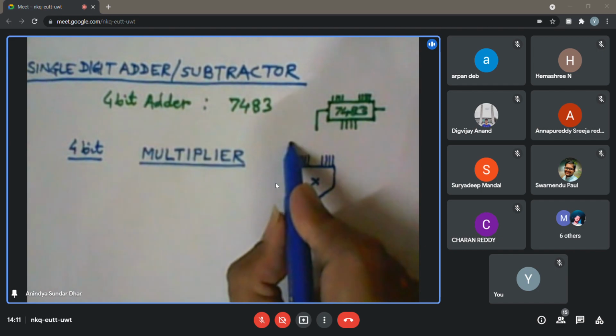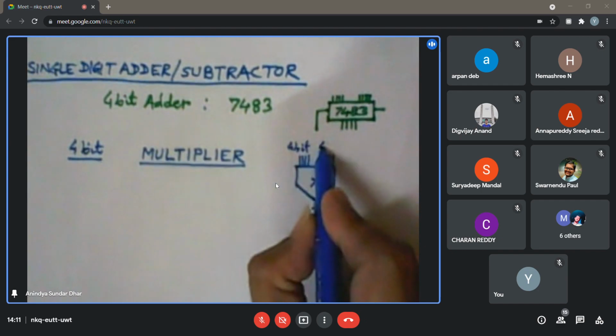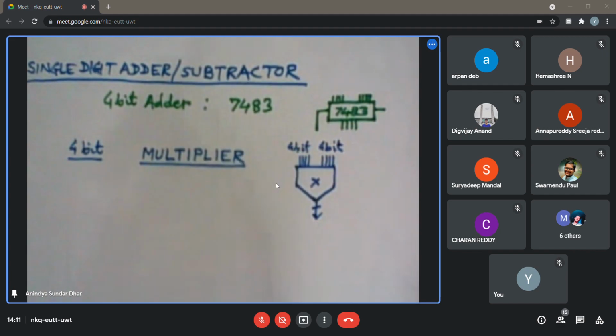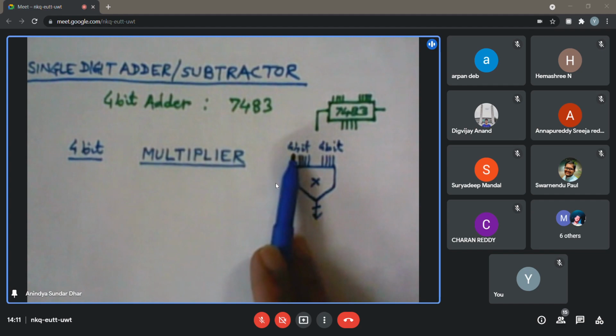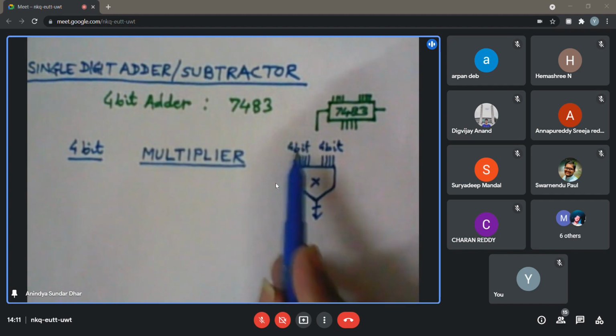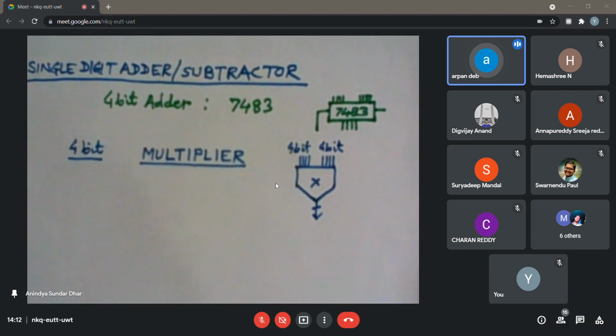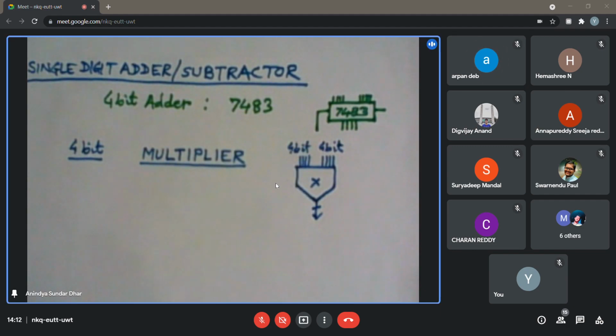So here if I am having a 4-bit operand, 4-bit operand, after multiplication, how many bit result can I expect at most? 7. If it is unsigned, think about the maximum value that it can have. 4-bit means it will be having a range of 0 to 15. So the maximum will be 225, I think. 15 into 15, 225.